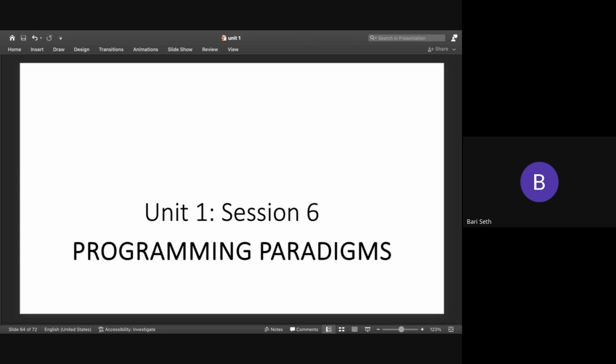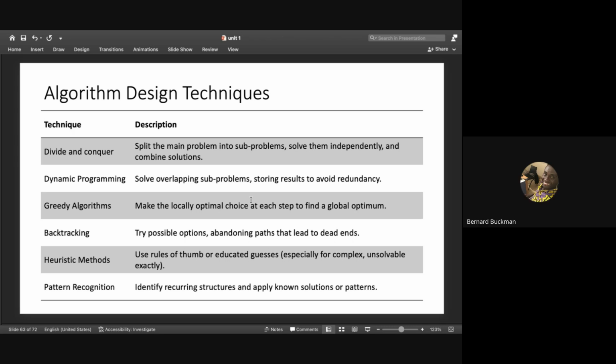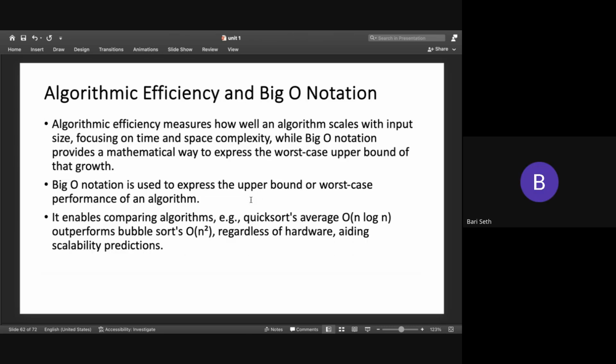Sir, you were talking about the efficiency of the programming algorithm, and you made mention of big O. I wanted to ask, are we going to do some proof? Are we going to prove it?